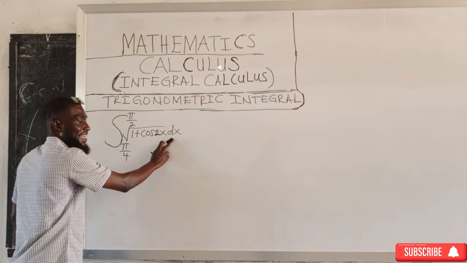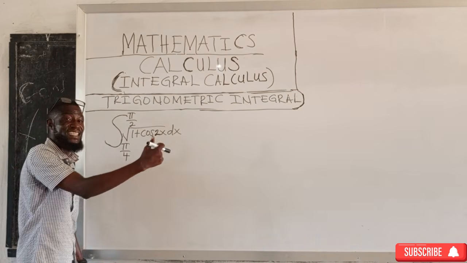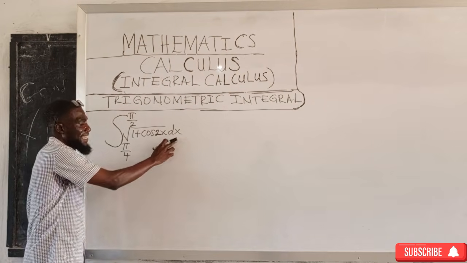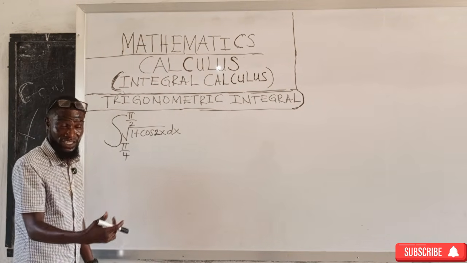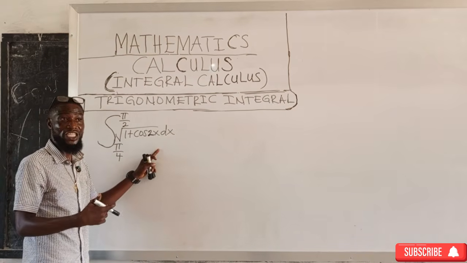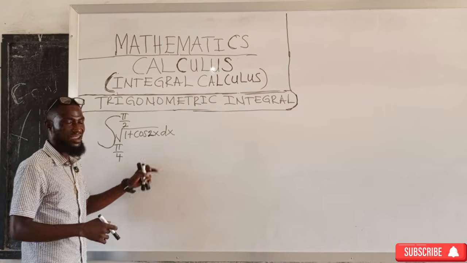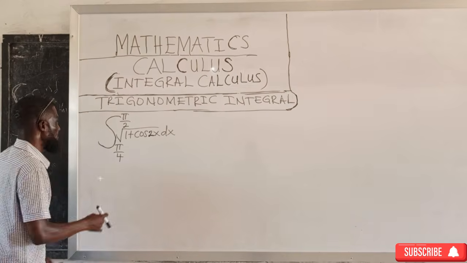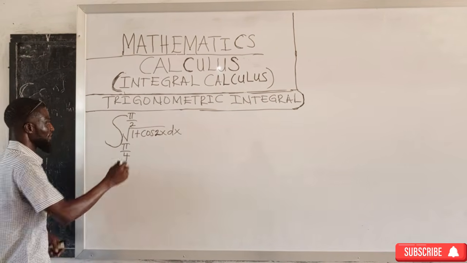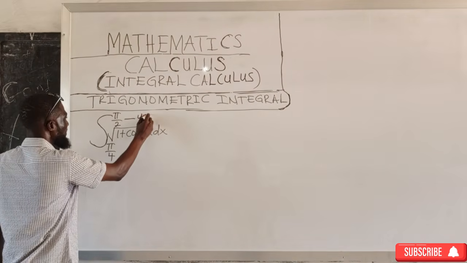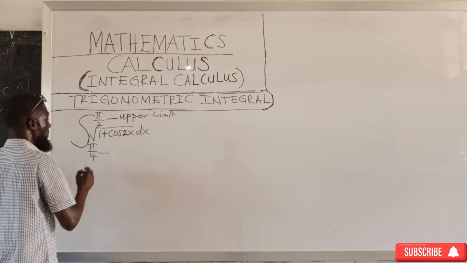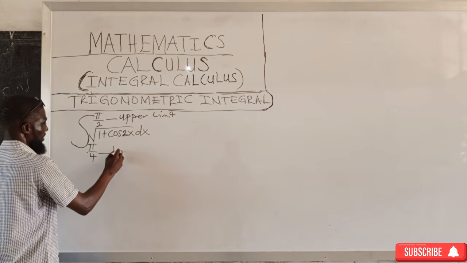The dx is the differential, indicating that x is the variable of integration, and it is also part of integral notation. We'll be dealing with the upper and lower limits first. This is the upper limit, while pi over 4 is the lower limit.